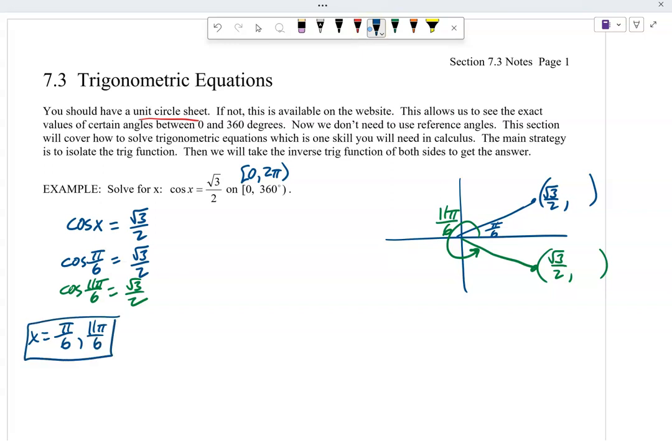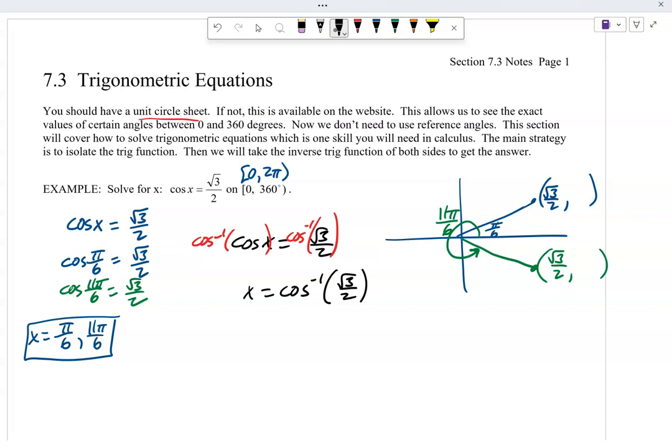Okay. Now there's another way to go about this as well. Once this is isolated, note that we could undo the cosine with the arc cosine on both sides. If we take the arc cosine of the cosine of x, we'd get x, and then we'd have the arc cosine of root 3 over 2.